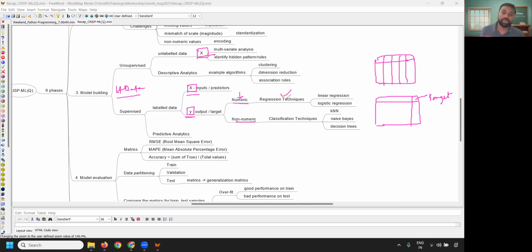These algorithms are called regressors. And if my output is non-numeric, then we have to choose an algorithm which has the capability to give a non-numeric outcome. These are called classifiers. So regressors, numeric outcome; classifiers, non-numeric outcome.